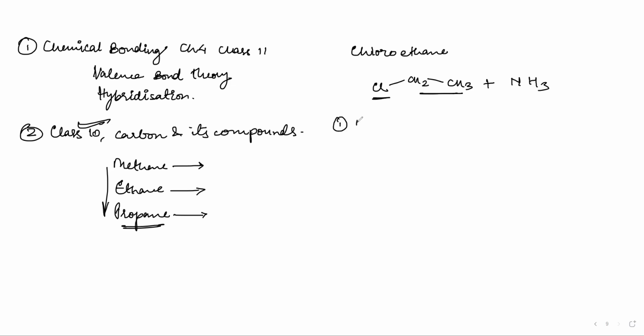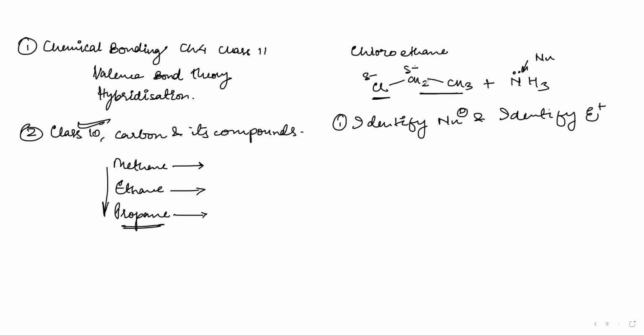All of you should ask two questions: identify the nucleophile and identify the electrophile. Nucleophile identification is easy. NH3 has a lone pair of electrons, that is why it will be the nucleophile. And here we have Cl as delta negative and CH2 as delta positive, that is why this will be the electrophile.